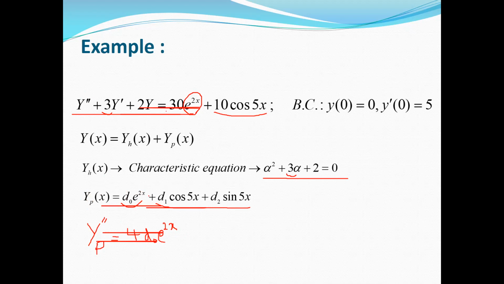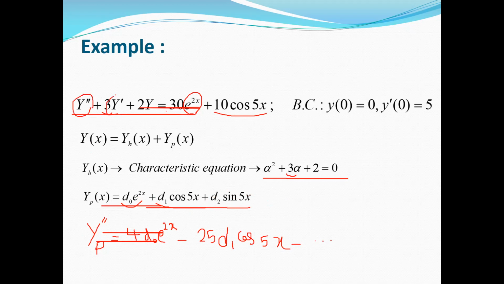So this is the y second for the exponential term. For the cosine, it will be equal to -25 times d1 cosine 5x. And for the sine part, it's equal to -25 times d2 times sine 5x. So we can plug in this y second into this equation here.